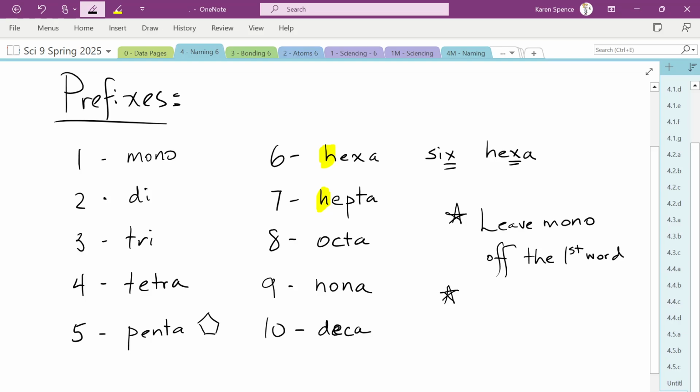And there's a couple of letters that we drop. What are the 2 letters that we drop? A and O. And we only do it in front of oxygen, oxide.